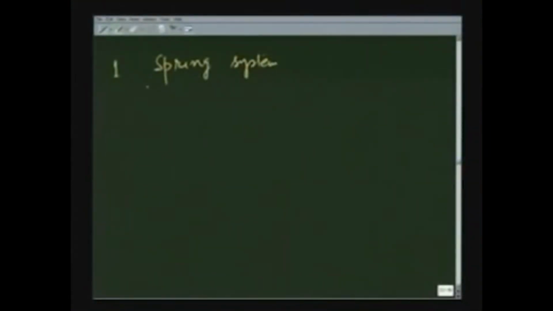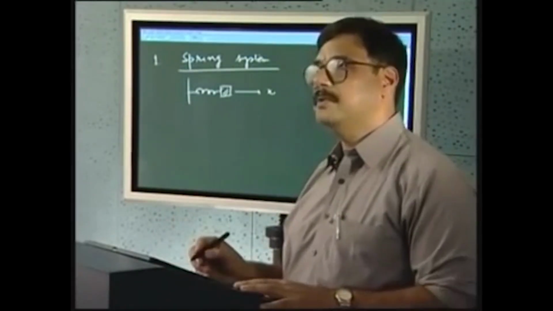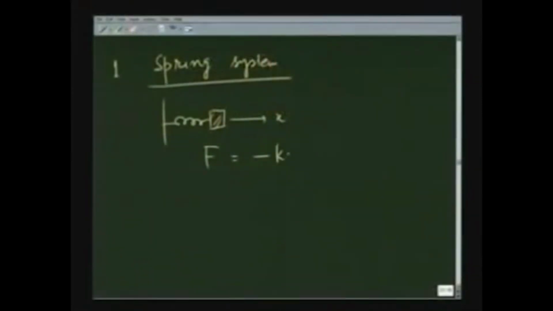One, the spring. System in which a particle is displaced by distance x from the equilibrium position. The force F applied by the spring is minus kx, and therefore, if I were to calculate U(x2) minus U(x1), this would be equal to the integral of F dx from x1 to x2.